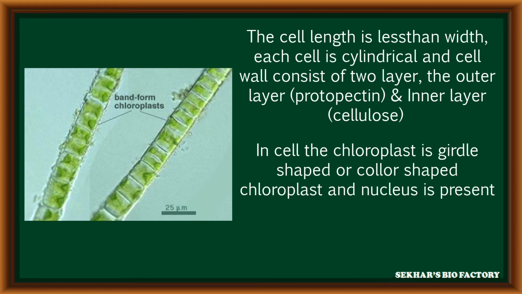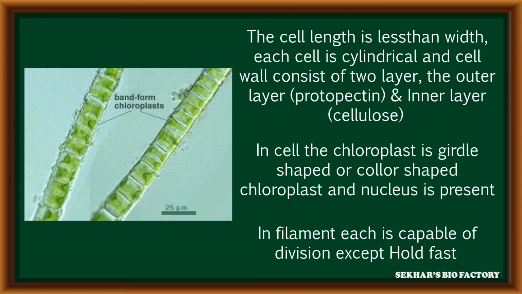The cell has a chloroplast, girdle-shaped or collar-shaped, in the form of a band. Along with the chloroplast, a nucleus is present in the cell. In the filament, each cell has the capability to perform cell division except the holdfast, because the holdfast never performs cell division.